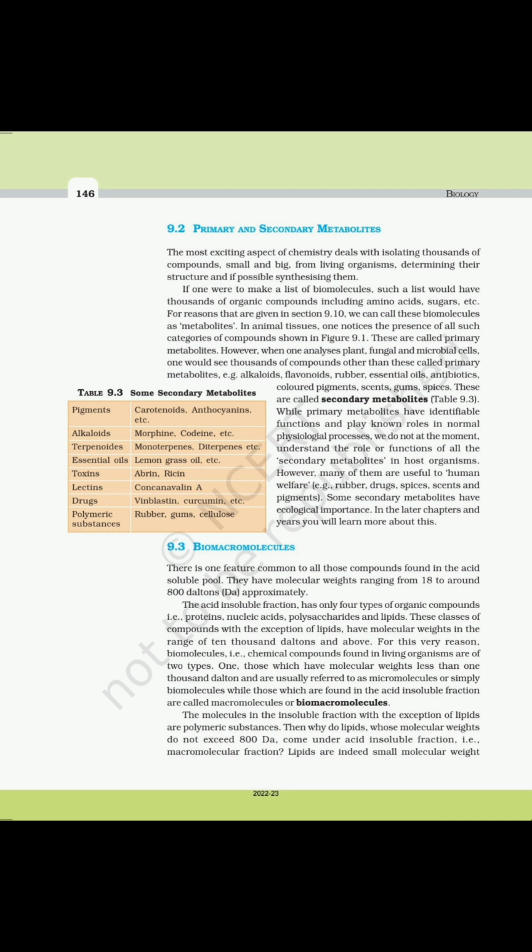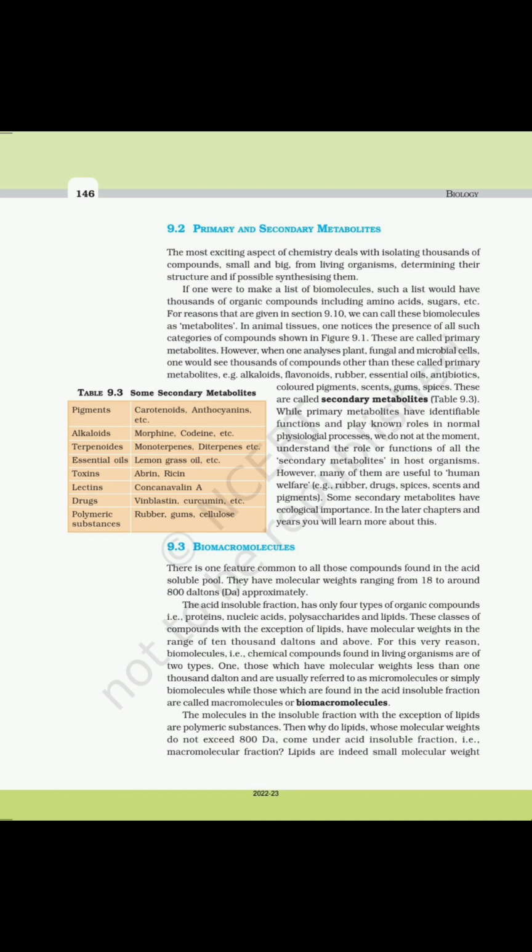For this very reason, biomolecules, i.e., chemical compounds found in living organisms, are of 2 types. 1. Those which have molecular weights less than 1,000 Dalton and are usually referred to as micromolecules or simply biomolecules, while those which are found in the acid insoluble fraction are called macromolecules or biomacromolecules.